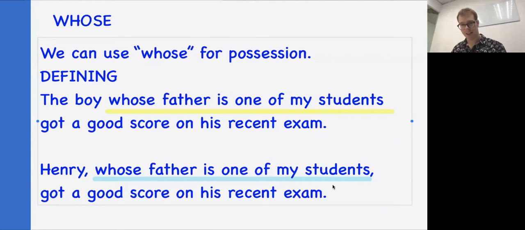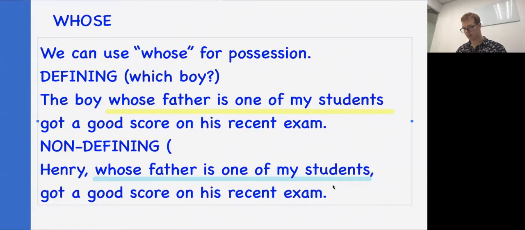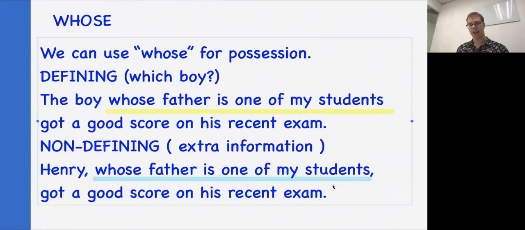Henry, this one I'm assuming that I only have one Henry. If your classroom has 10 Henrys, then you're in trouble. You might have to use different grammar. But this one, I'm going to use a non-defining because I only have one Henry, right? Only one Henry, and I'm adding the extra information, right? So that's our pattern there.